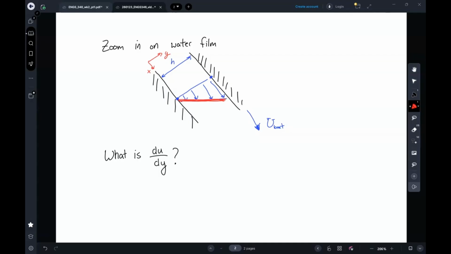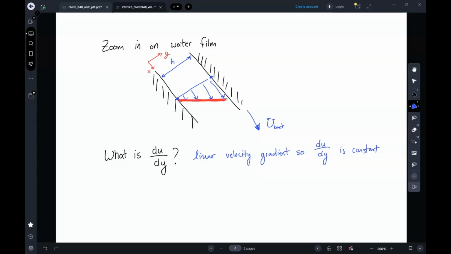So this slope here is du dy. So we have to figure out what the slope is. This is linear. So we have a linear velocity gradient. So du dy is constant.